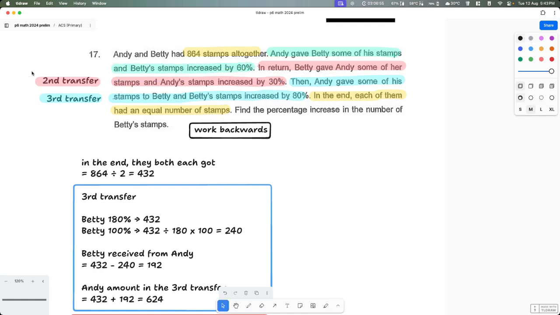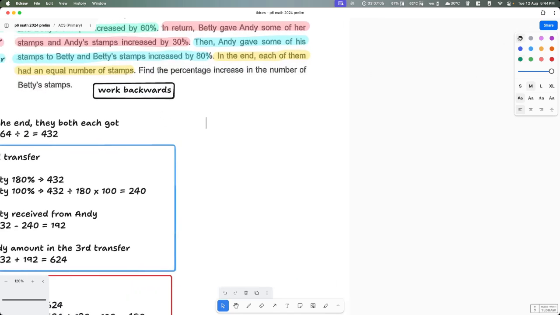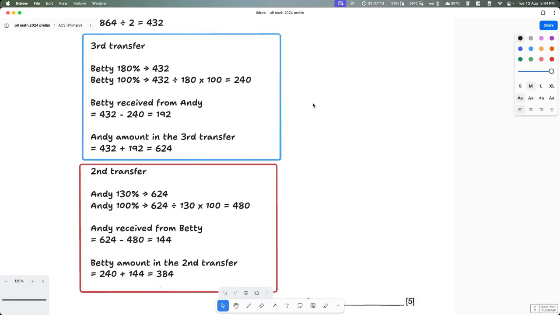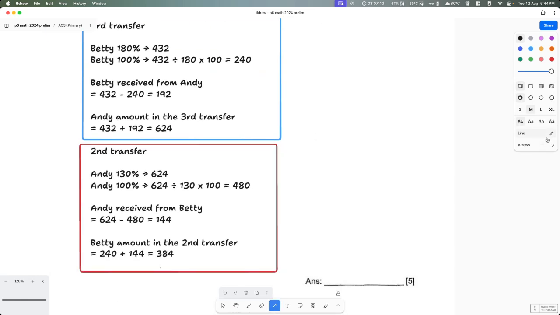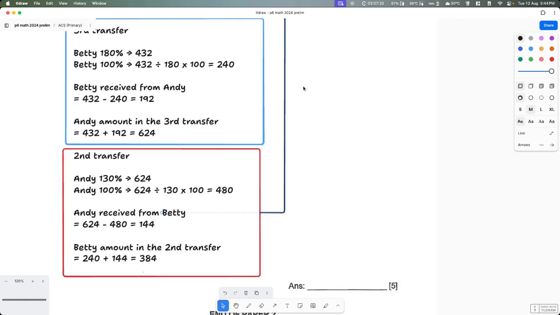So this is the first transfer. I'm going to make this green as well as over here. I'm going to make an arrow so it's easier. So the first transfer over here, like this.